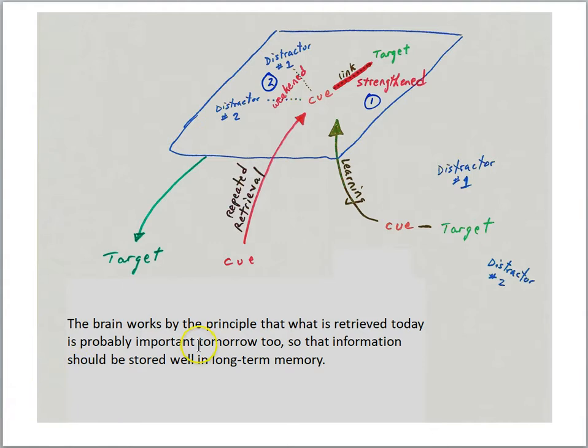So it's as if the brain works by the principle that what is retrieved today is probably important tomorrow too, so that information should be stored well in long-term memory. So we seem to have brains that, if information is repeatedly retrieved, treat that information as likely to be important. And so we have brains that strengthen those links with repeated retrieval.